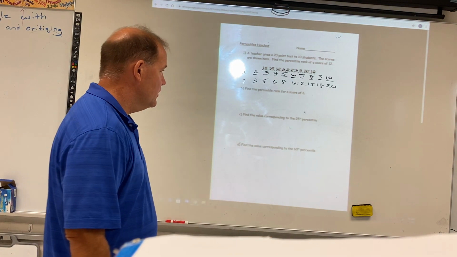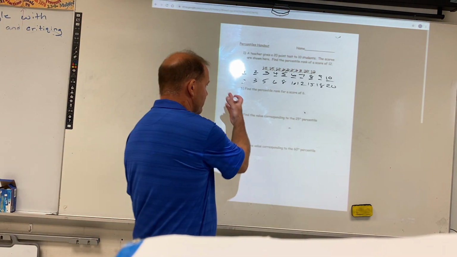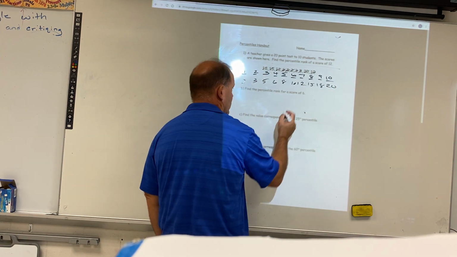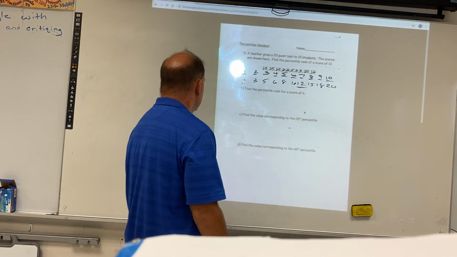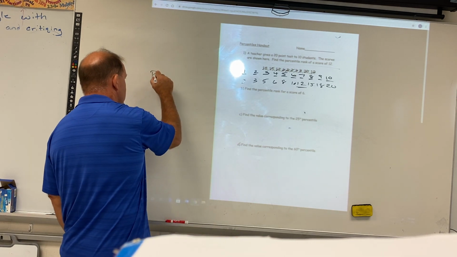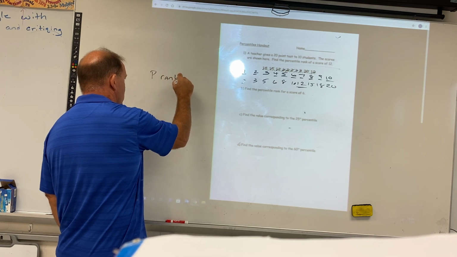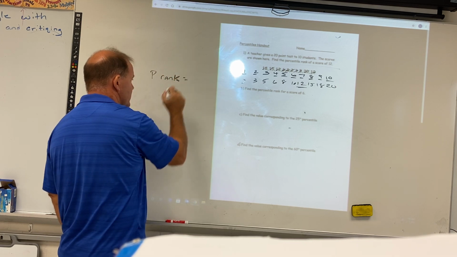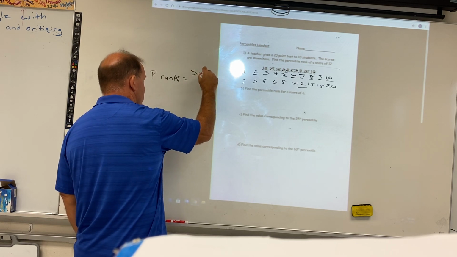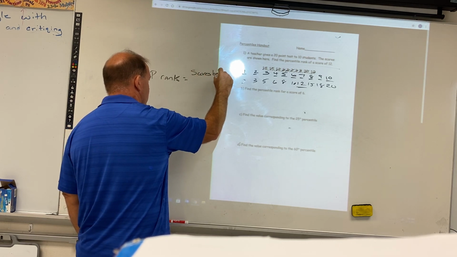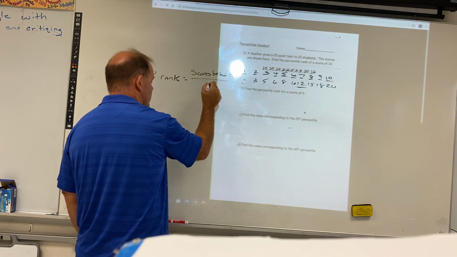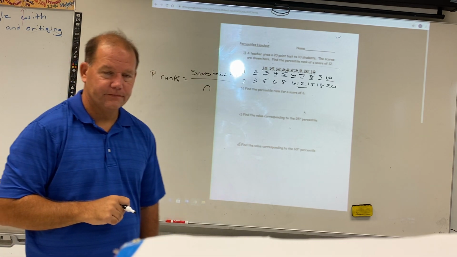So I have 10 numbers, they're in order, and the question is, find the percentile rank of a score of 12. Whenever we're asked for a percentile rank, our formula is going to be the scores below plus 0.5 divided by the sample size.